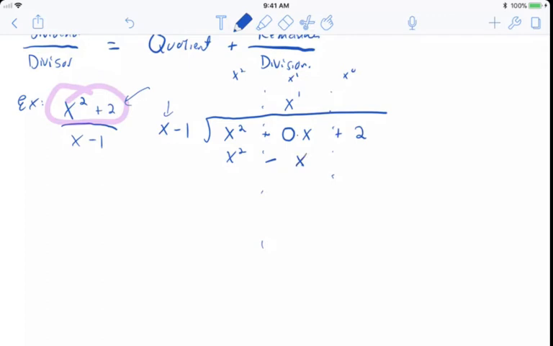And now I'm going to subtract them. Be really careful about signs. These two cancel out just like I wanted. And these two add together in a fun way, and you get plus x, and then you copy things down. Plus 2. So what do I need to multiply this x by to make it cancel out with that x? I need to multiply it by 1. So plus 1, and now I multiply them, so it's x minus 1, and now I subtract them.